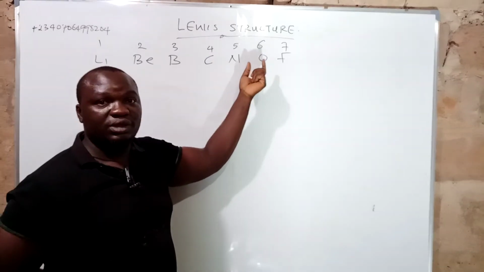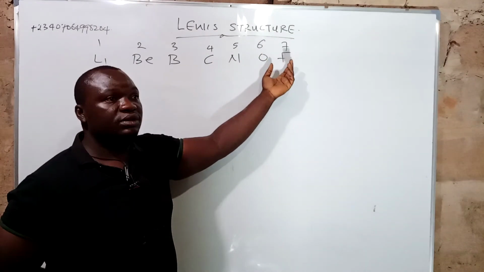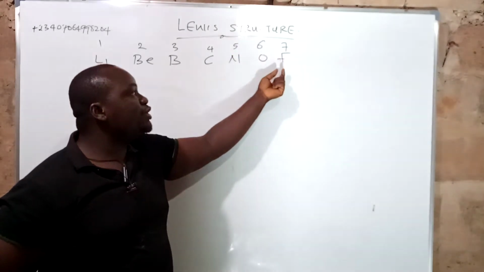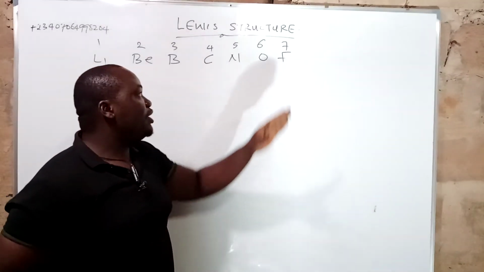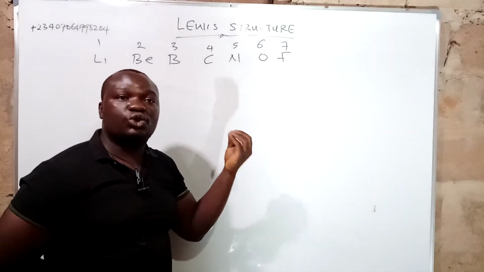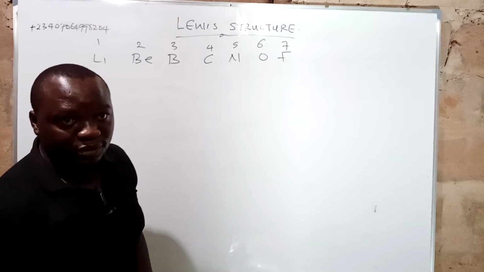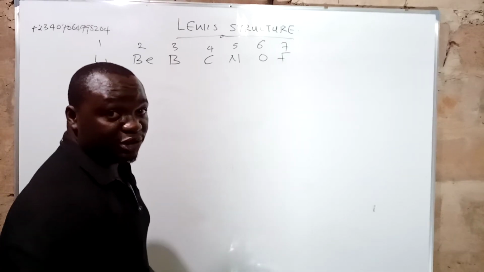Oxygen needs 2. Fluorine needs 1. Right? And since fluorine needs 1 electron to attain the octet structure, it forms only 1 bond. Note it down. That is an exam question.